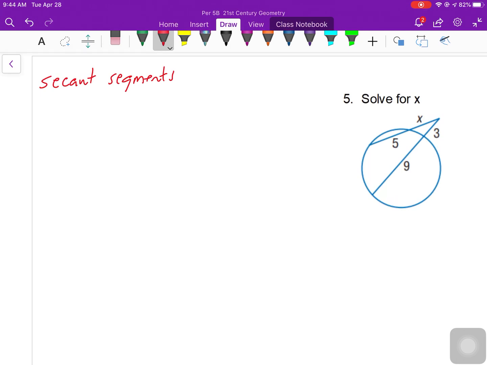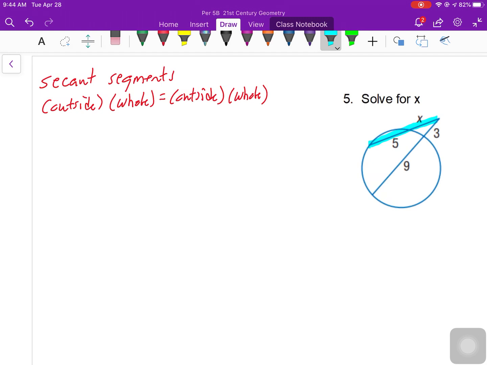Secant segments are a part of those secants. And for secant segments, the pattern we tried to remember was outside times whole length has to equal outside times whole length.